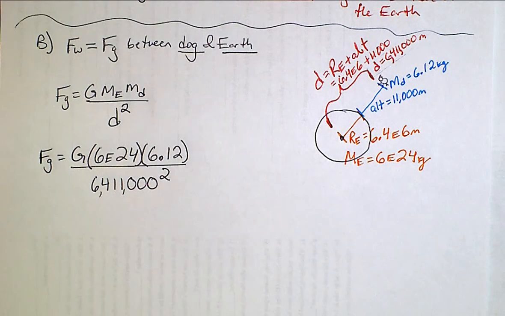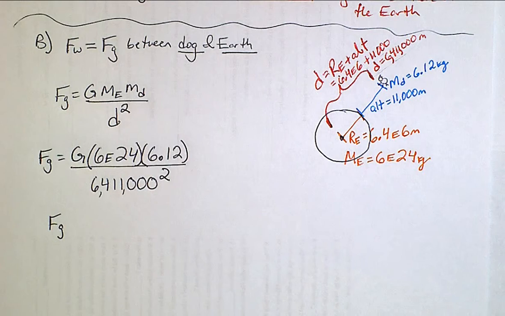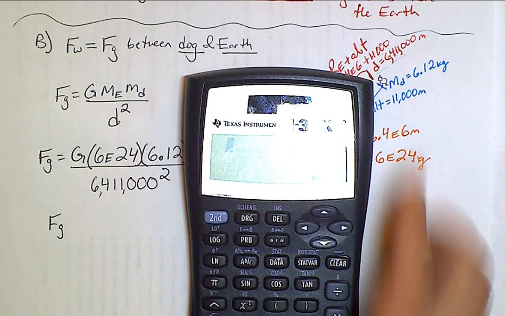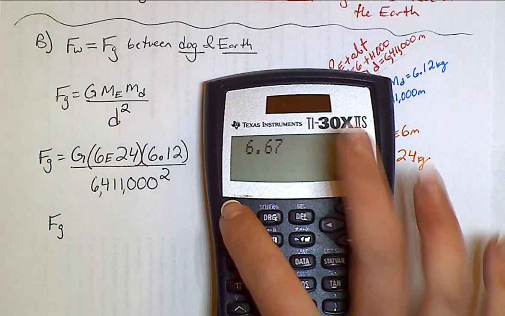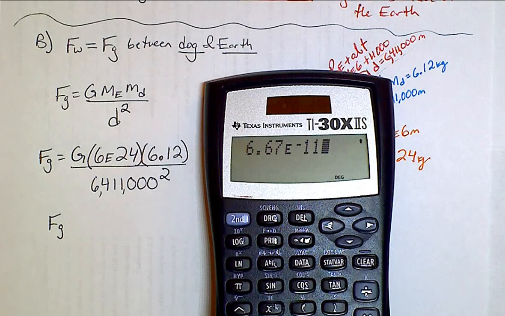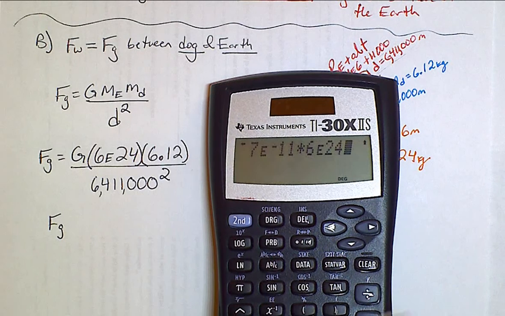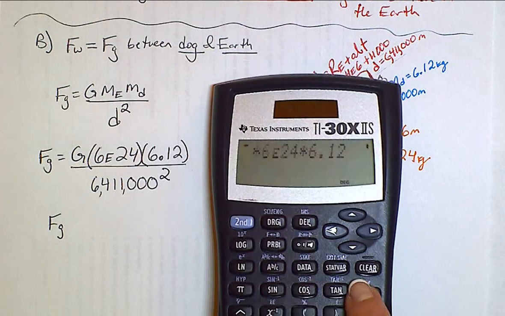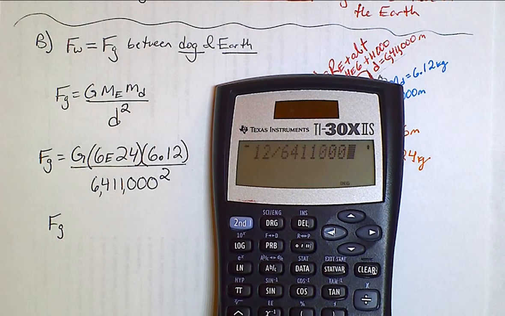Then you just put all of this into your calculator, and you end up with 6.67 e to the negative 11th times 6 e to the 24th times 6.12 divided by 6411000 squared.